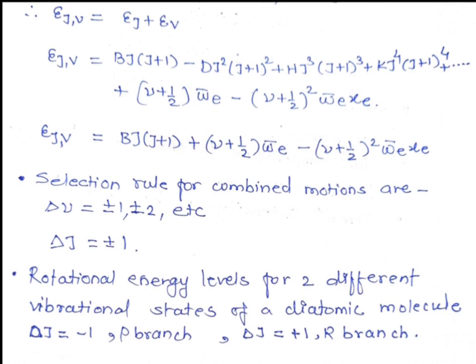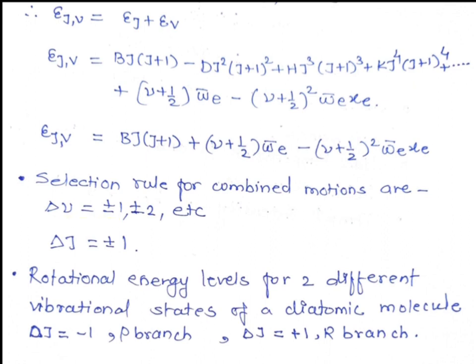So keep in mind this equation, the energy of the vibrating rotator, small Ejv, is equal to Bj(j+1) plus (v+1/2) omega bar e minus (v+1/2) squared omega bar e xe. And the selection rule for the combined motions. So the selection rule for these combined motions are delta v is equal to what?